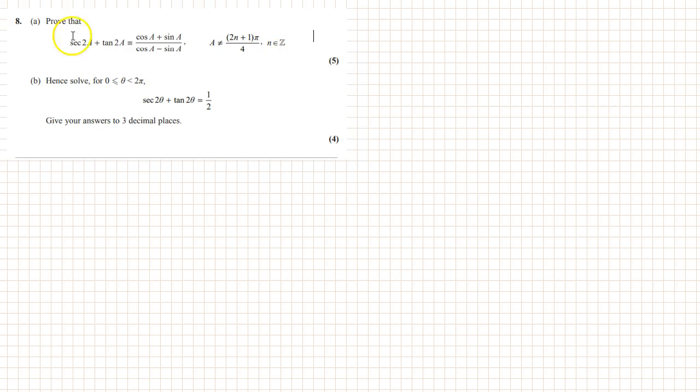Question number 8. Prove that sec 2a plus tan 2a is equal to (cos a plus sin a) over (cos a minus sin a).